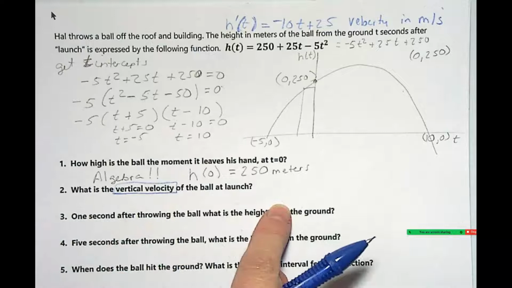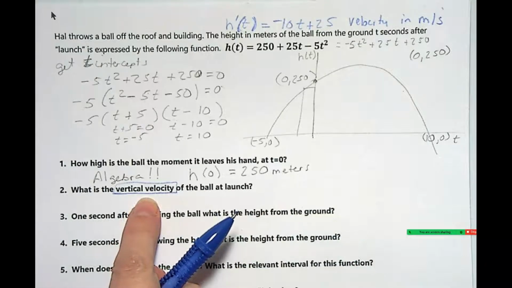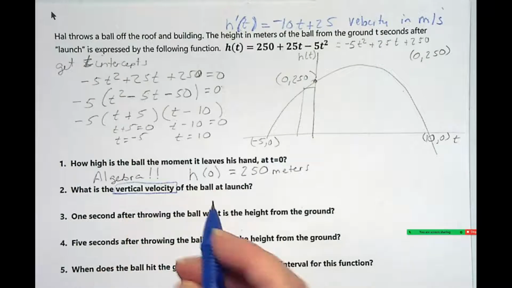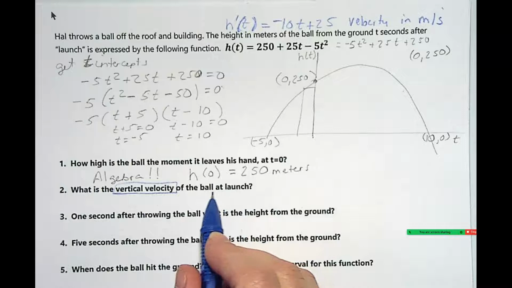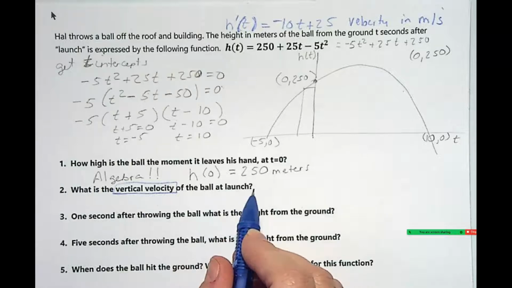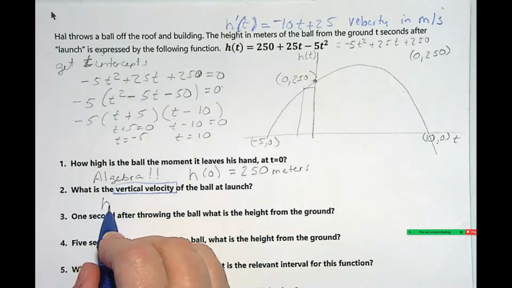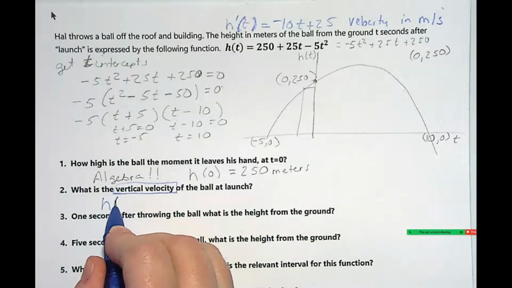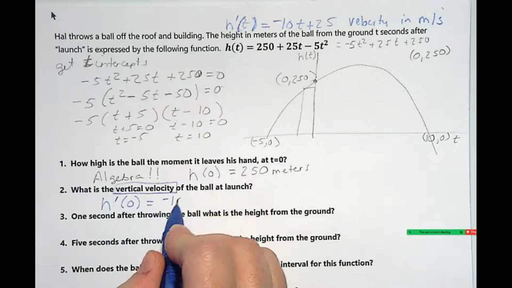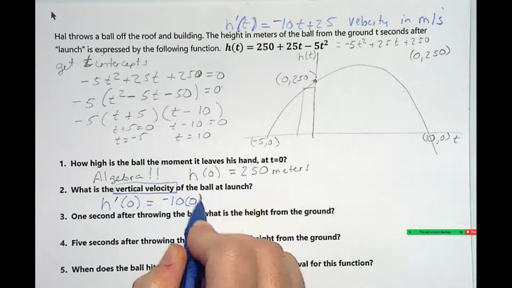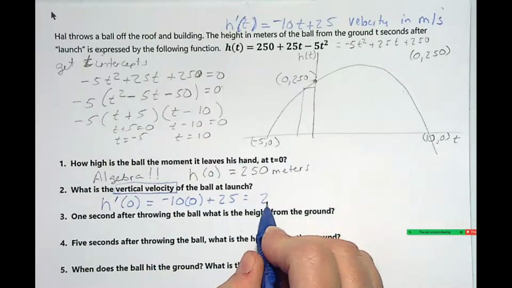Okay, here we go. So this one, we're going to use the velocity function because it's asking for velocity, which is also instantaneous rate of change. So at launch, what time are we talking about? 0. 0, good. So we're going to do h prime of 0, which is negative 10 times 0 plus 25 equals 25.